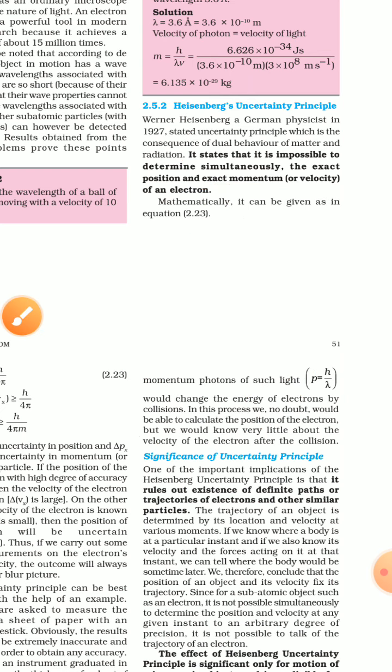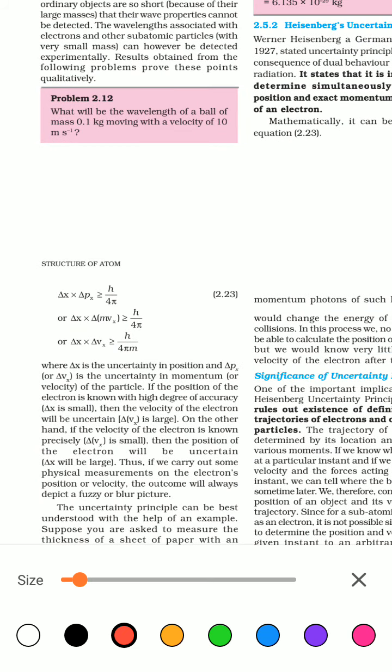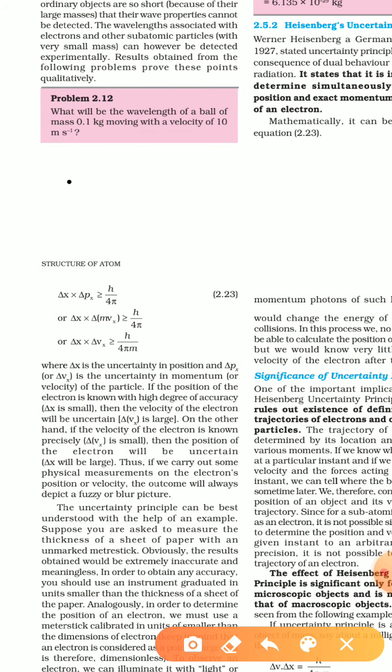This is explained by a formula. Delta x means the uncertainty in position; delta means uncertainty, not confirmed about where the position is, and x defines the position.